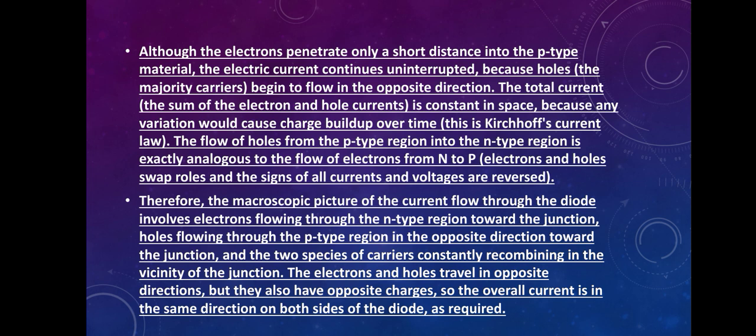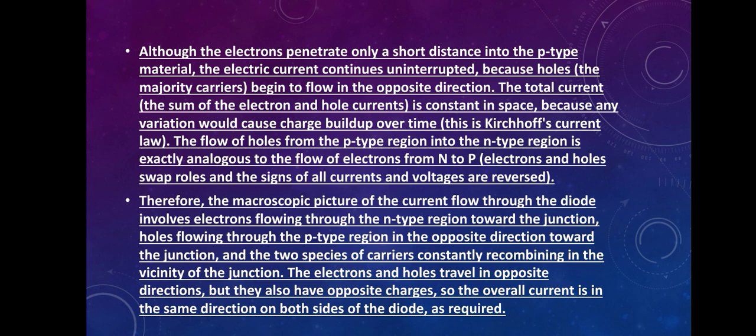The flow of holes from the p-type region into the n-type region is exactly analogous to the flow of electrons from n to p. Electrons and holes swap roles, and the signs of all currents and voltages are reversed.